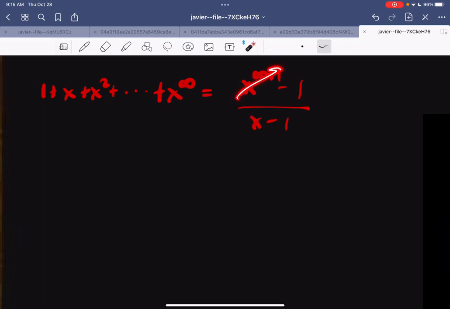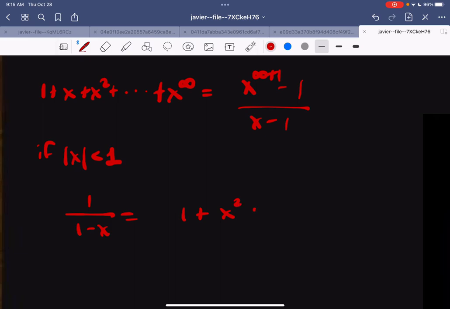For example, if I told you 1 plus x plus x squared plus all the way to x to the infinity, we know that that's a geometric series and it's equal to x to the infinity plus 1 minus 1 all over x minus 1. And if the absolute value of x is less than 1, this part converges. And so we have that if this is true, then 1 over 1 minus x is equal to 1 plus x plus x squared plus x to the third plus x to the fourth.